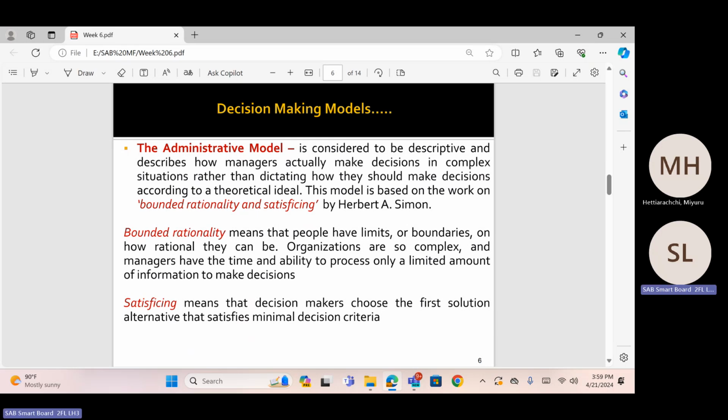Therefore, the ideas given in this may not be much in operational level decisions. But when you understand this model, you will say that in all types of decisions, the ideas given in this model may happen. All decision making.